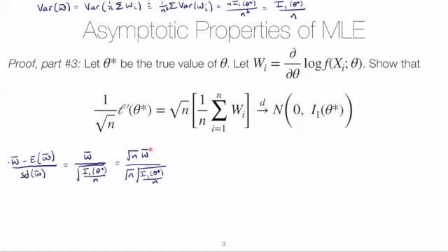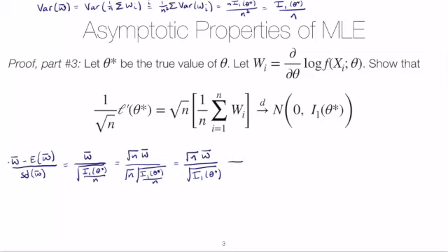All right, so the numerator is square root of n times W bar. The denominator will just simplify to the square root of the Fisher information for a single data point, because those n's cancel.